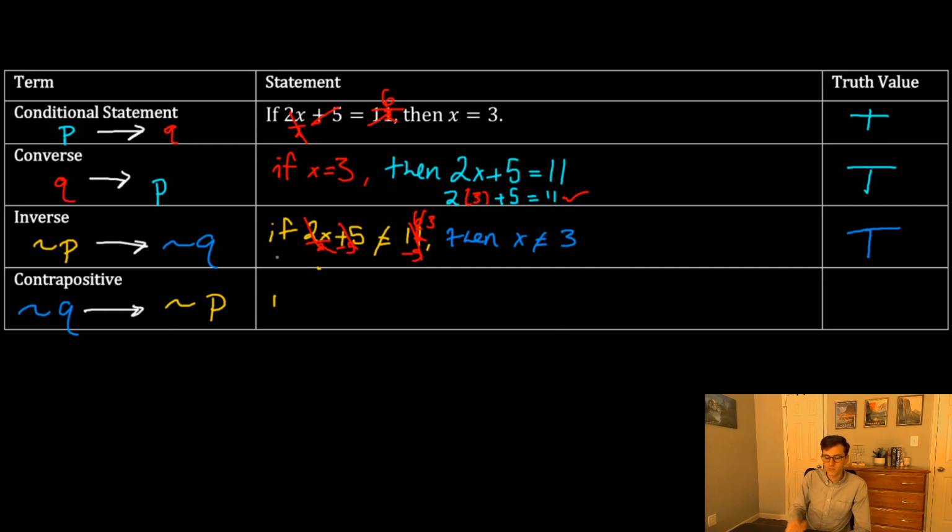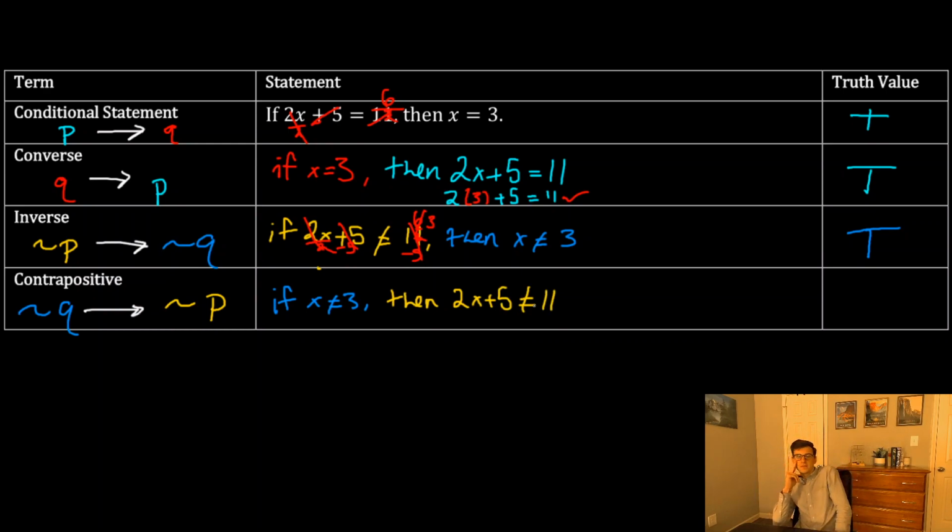Interesting. Okay, let's look at this contrapositive. If x does not equal 3, then 2x plus 5 does not equal 11. This one's a little harder to prove, right? Because it seems like we would have to say, well, what about when x is 4 or 2 or 5 or 1 or 6 or 0 or 7 or -1, and just go on forever.